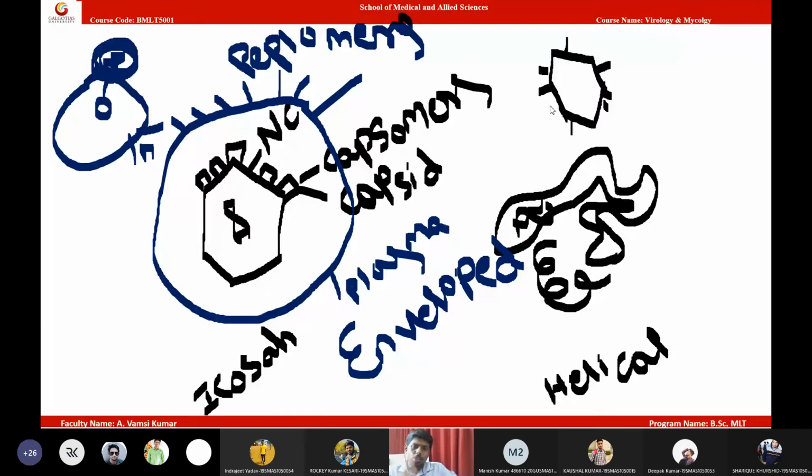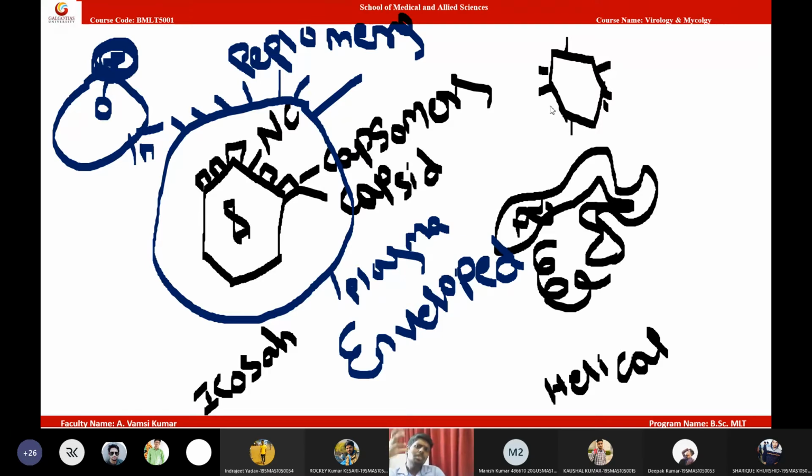So if you want to kill an enveloped virus, all you need to do is destroy its outer membrane. We know that these outer membranes are made up of lipids. If we destroy these lipids, then the virus will die. So what can we do? We can add some alcohol solution to this virus.